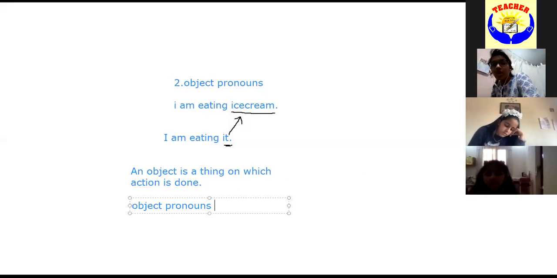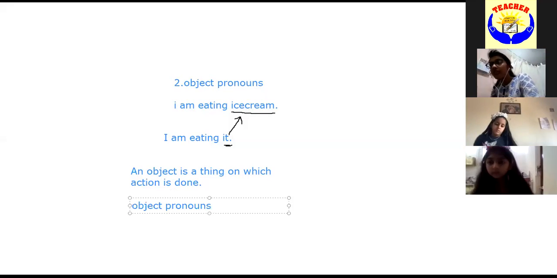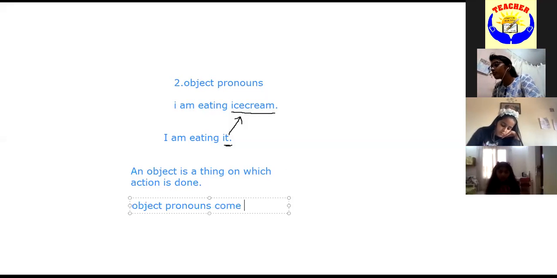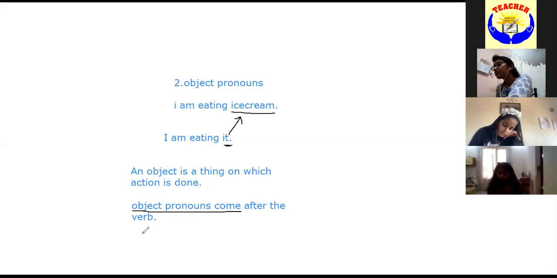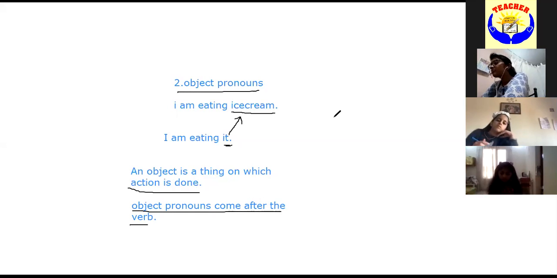So if you want to identify object pronouns, you can read the sentence, and after the verb, you will have to replace the noun with an object pronoun. So just write this down and let me know after you finish writing.